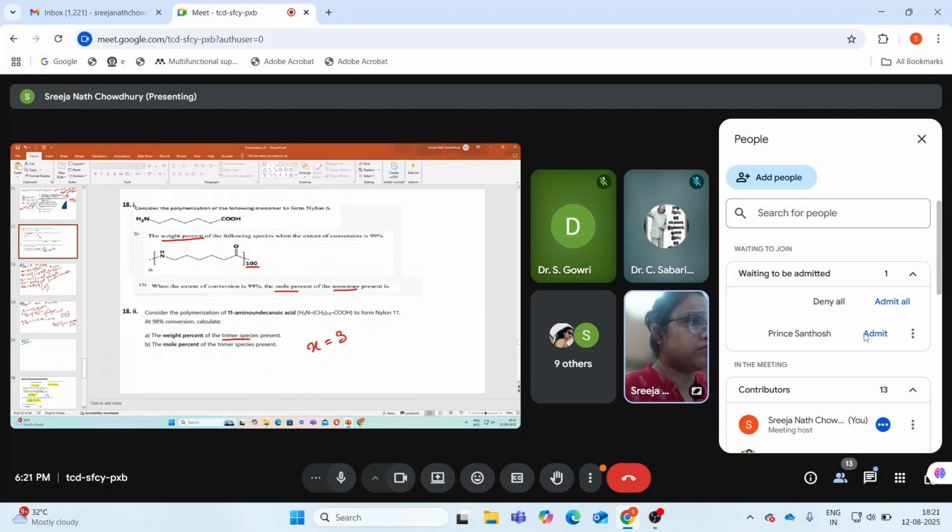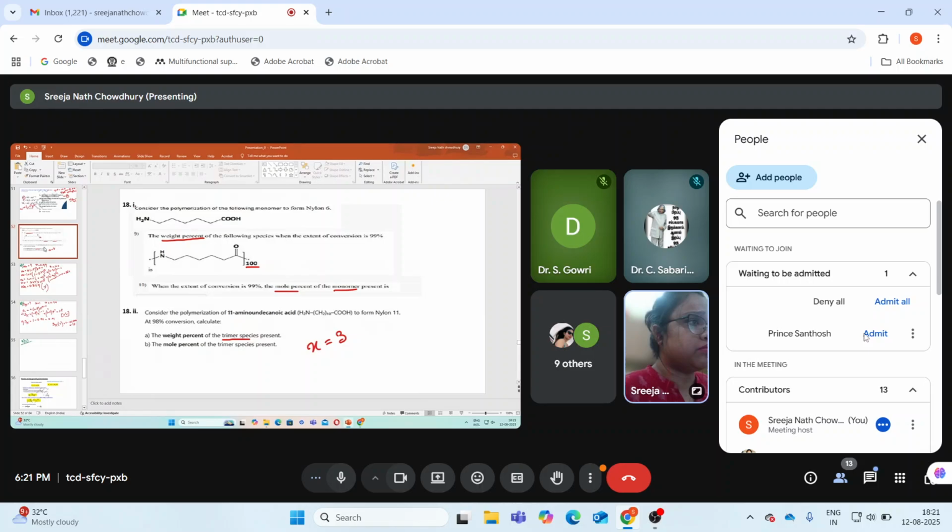For an external acid catalyzed polymerization of an equimolar mixture of a diol and diacid, the time needed to reach 98% conversion is 80 minutes. The time required to increase the conversion from 98% to 99.5% you have to calculate.